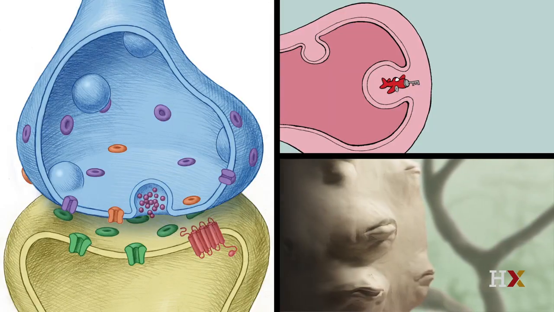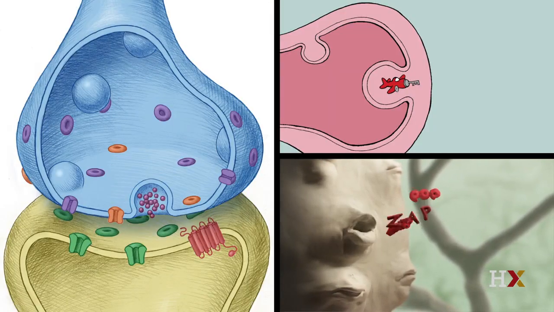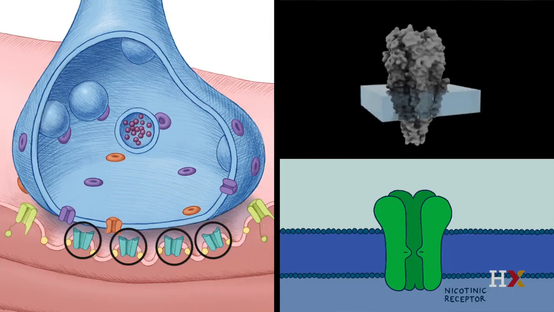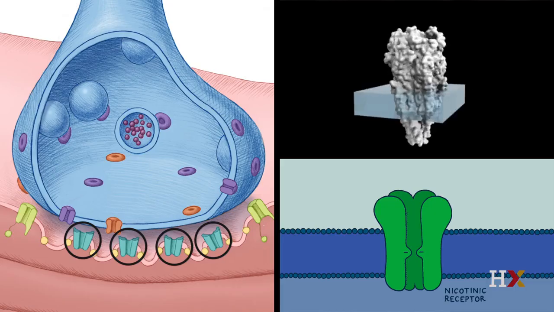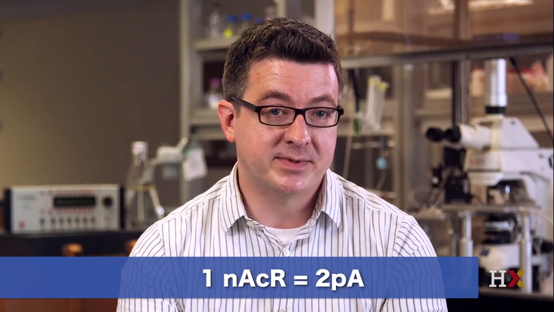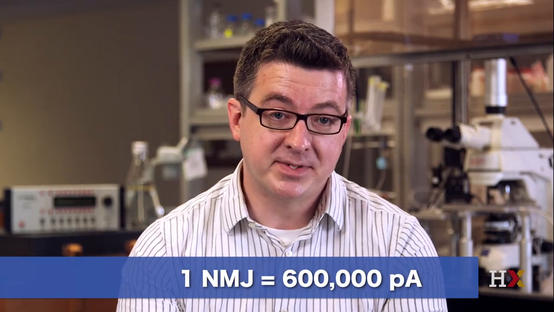In the case of the acetylcholine receptor, the excitatory postsynaptic potential is the sum of currents generated through many acetylcholine receptor molecules. For comparison, the current generated by a single acetylcholine receptor equates to approximately 2 picoamps, but a typical synaptic current at the neuromuscular junction equates to approximately 600,000 picoamps.